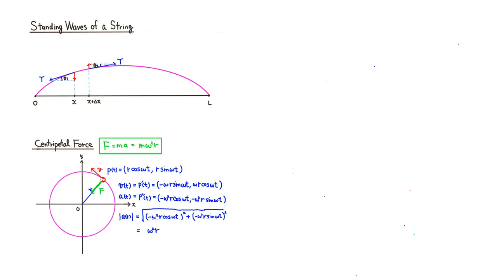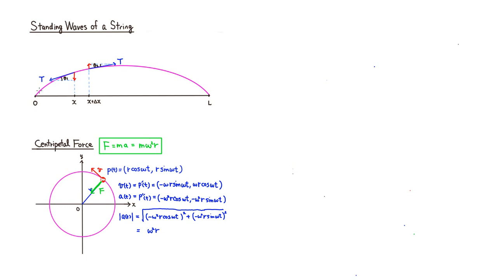Remember that centripetal force is toward the center of the circle, and force is mass times acceleration. Since the acceleration is omega squared r, m times omega squared r gives you m omega squared r. So let's keep in mind that the centripetal force can be found by mass times omega squared times radius.